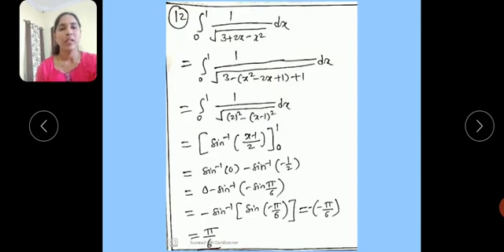Here 1 by 2 replaced by sin pi by 6, we get this step: 0 minus sin inverse of minus sin pi by 6. This is equal to minus sin inverse of sin of minus pi by 6. Here sin inverse of sin minus theta is equal to minus theta. In that step, the minus sign is already common. We get minus of minus pi by 6 is equal to plus pi by 6.